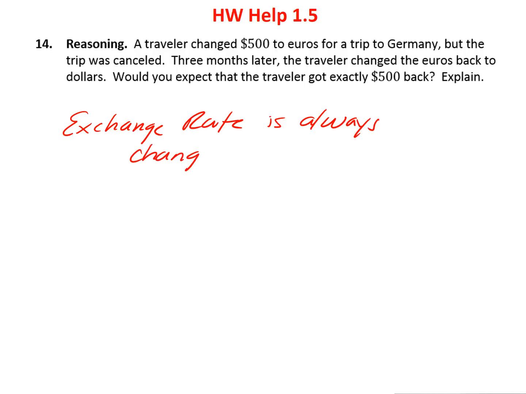I mean, it can stay consistent day to day, but if you're talking about several months, it's bound to have changed. It goes up and down, and sometimes the dollar is worth more and sometimes it's worth less, and so it's always changing. So the answer is no. He probably would not get the same amount back.